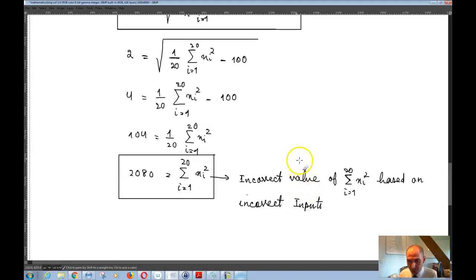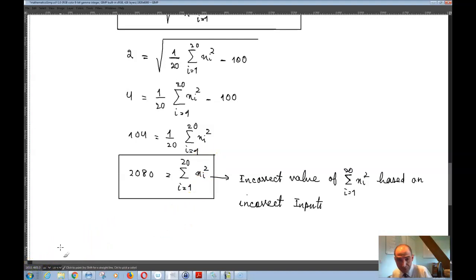Okay. So now we have what we need in order to calculate the correct value for standard deviation.